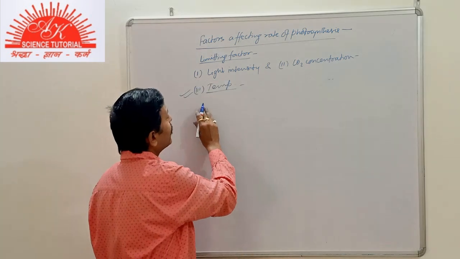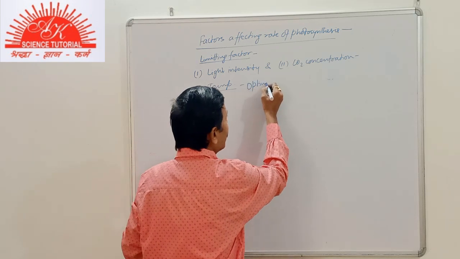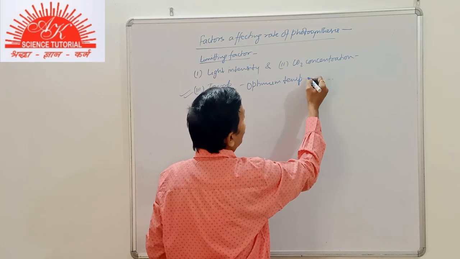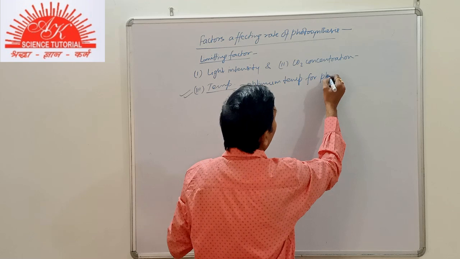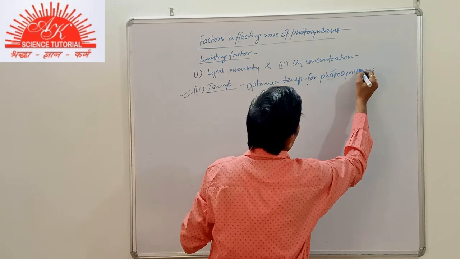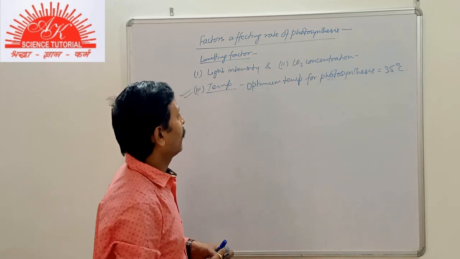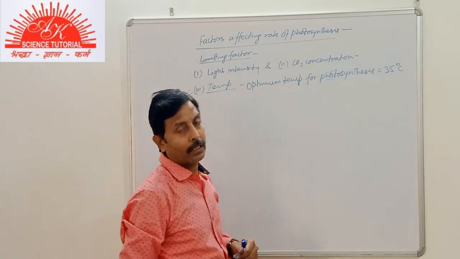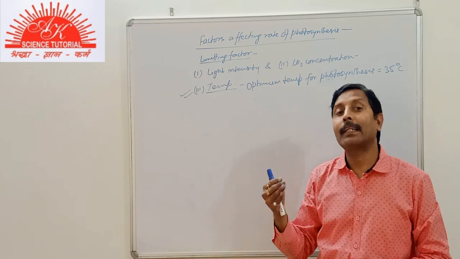The optimum temperature for photosynthesis is 35 degrees Celsius.